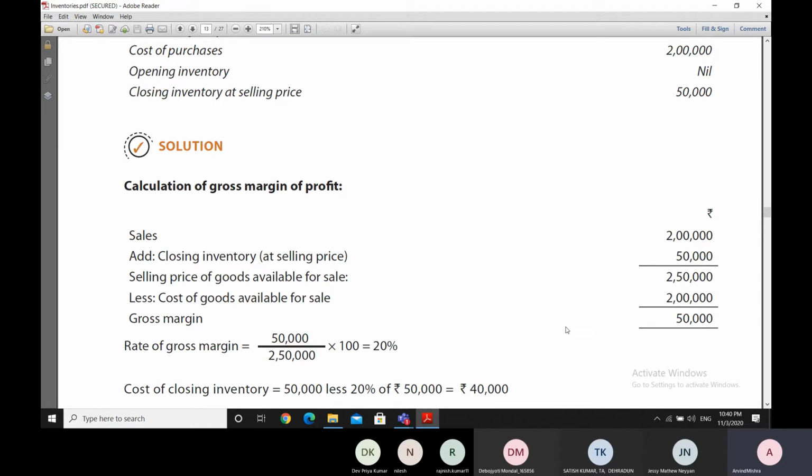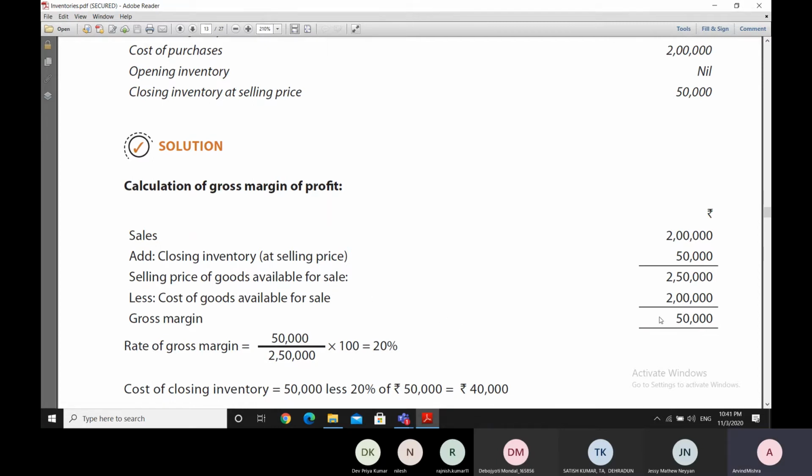Thereby we get the gross profit, because gross profit is equal to the selling price, or the sales value, minus the cost of the goods sold.